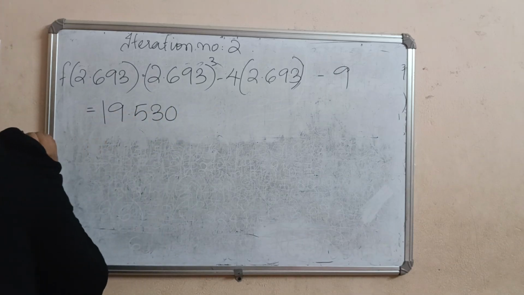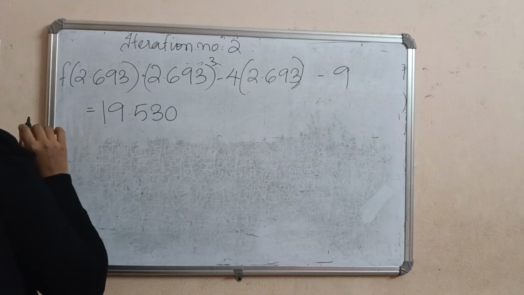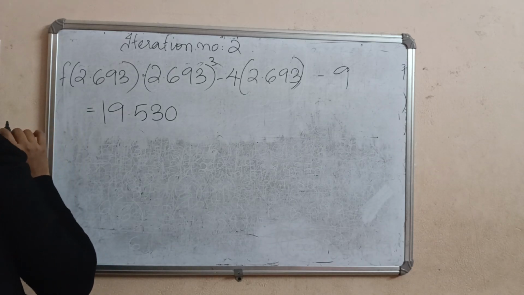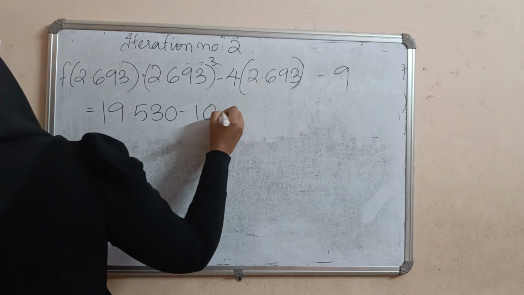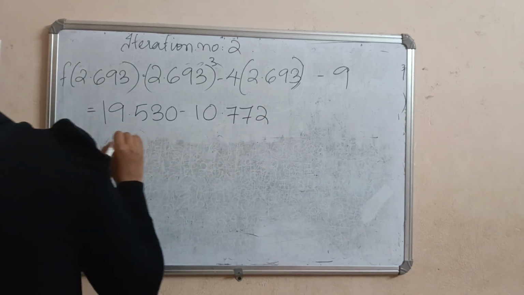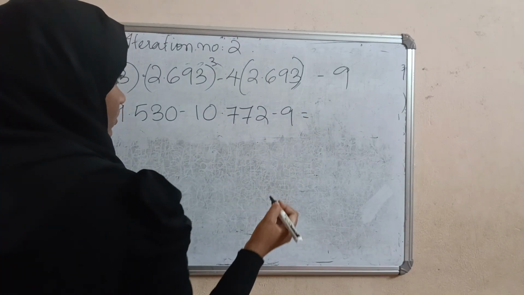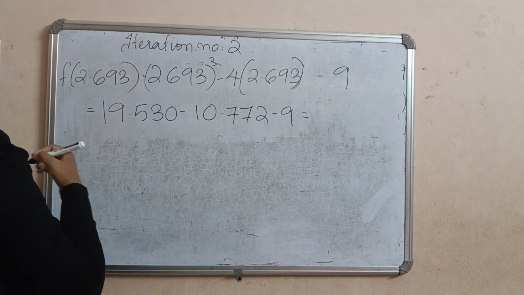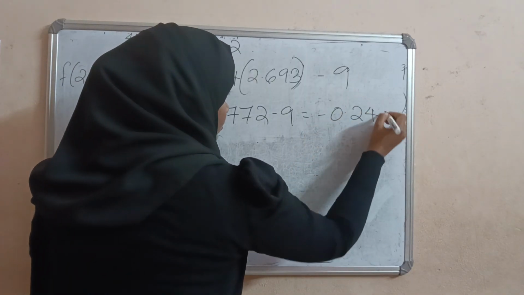Which would give 19.530 minus 10.772 minus 9, which is equal to minus 0.242.